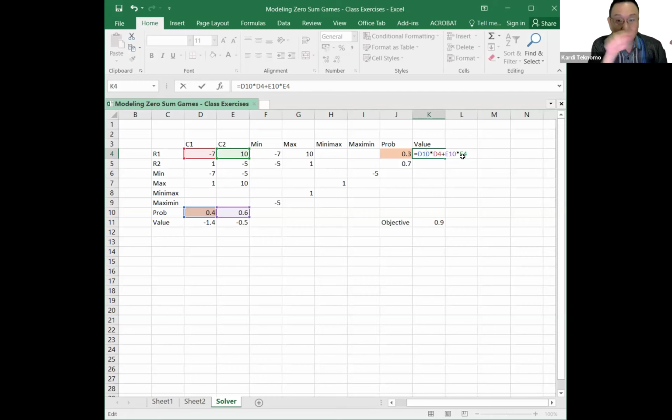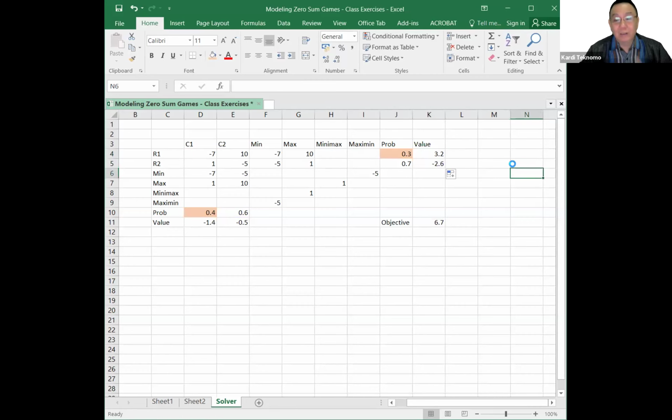For probability, you put dollar, which is 10. Enter. Okay, copy. Now the objective is to get the absolute value of this one: D11 minus E11, and then the other one also, K4 minus K5. Okay, good.